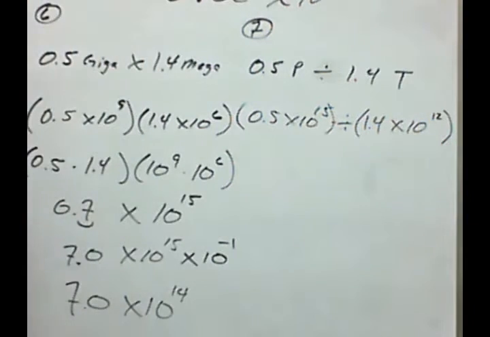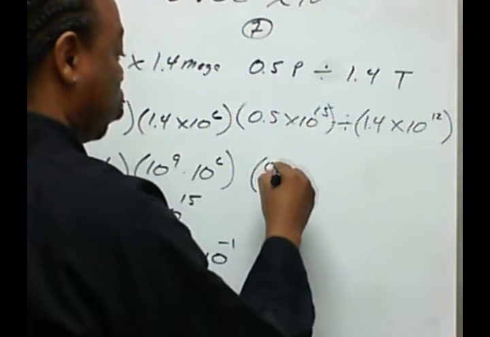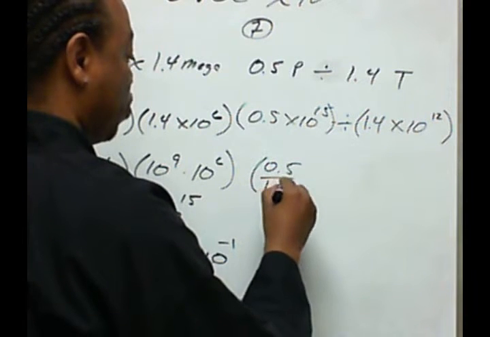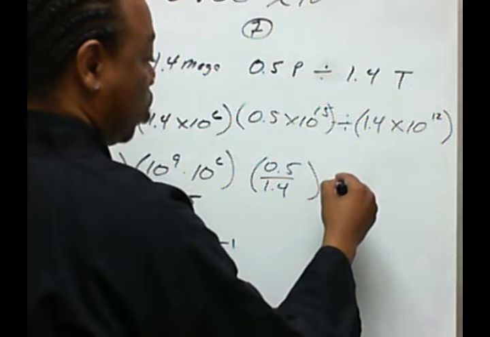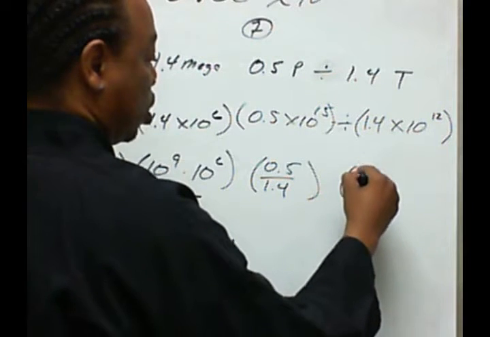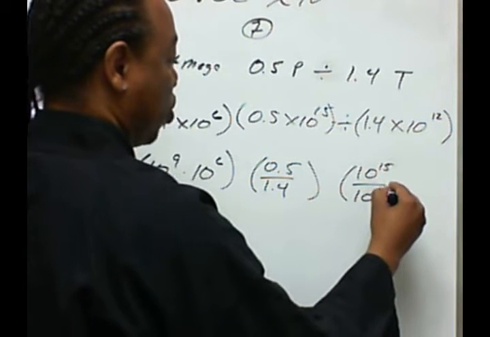Okay, I'm going to rearrange these, and I'm going to put these two together and divide them. So this will be 0.5 divided by 1.4, and this over here will be 10 to the 15th power divided by 10 to the 12th power.